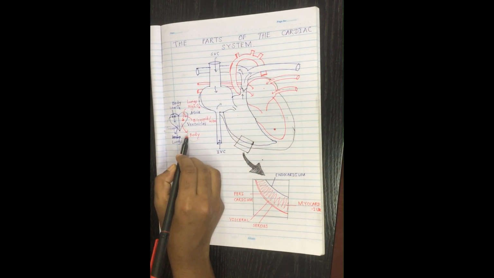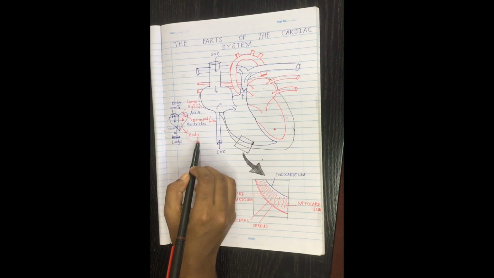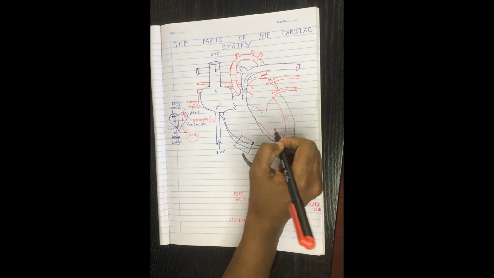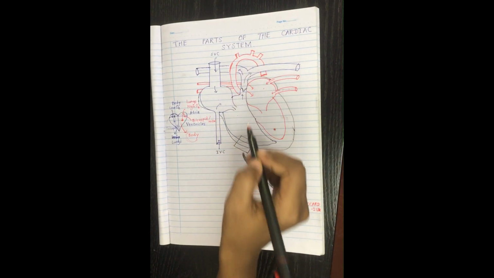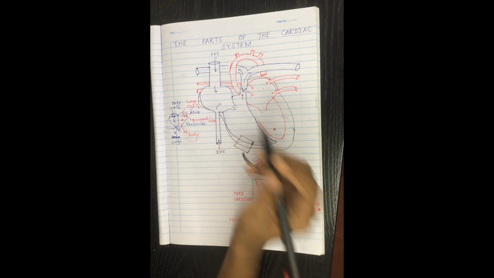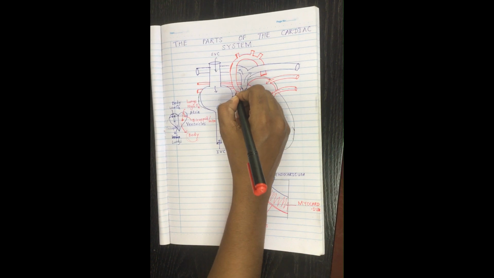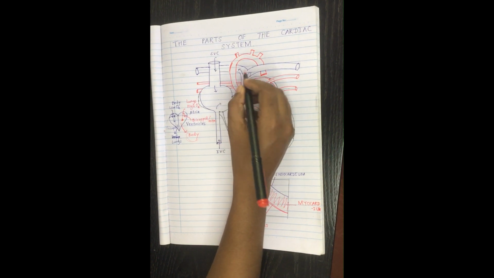We already discussed this. We take that all over the body. So how can it take the blood? Here it enters this aorta. We call this the aorta.